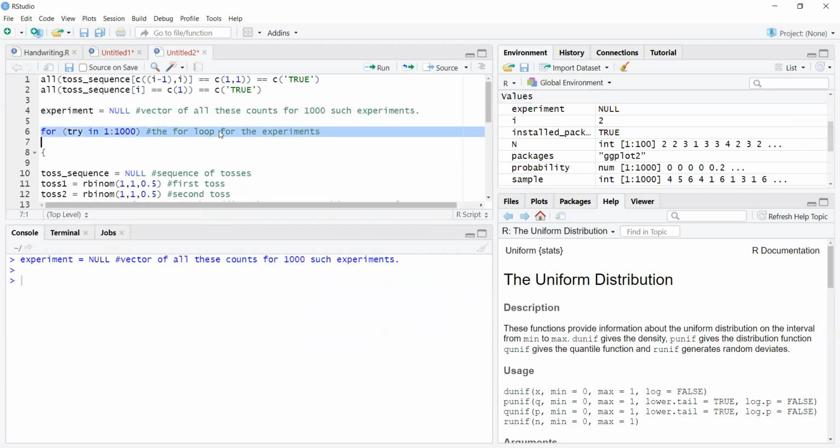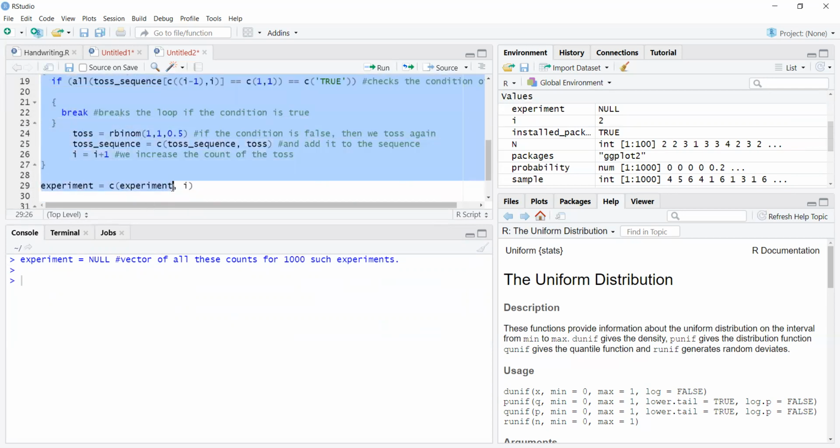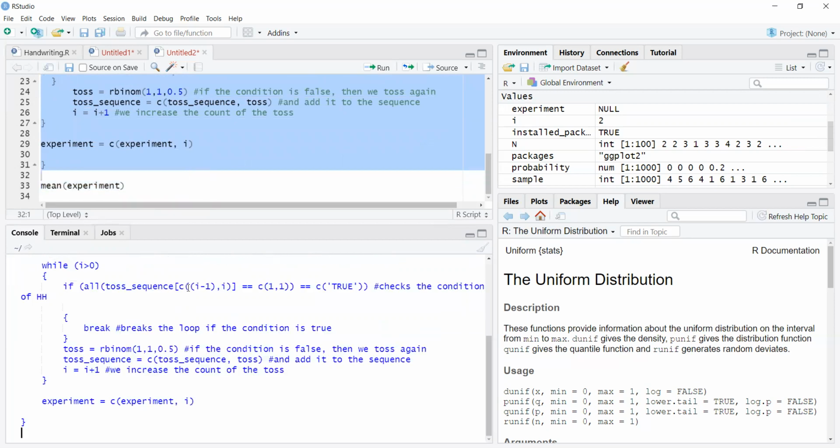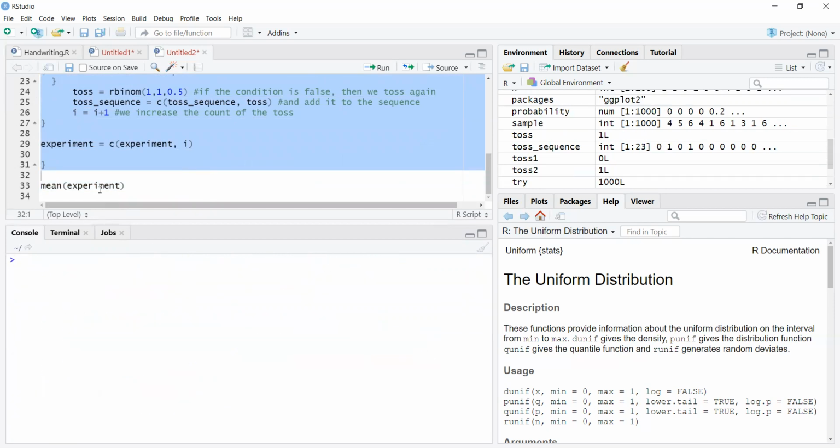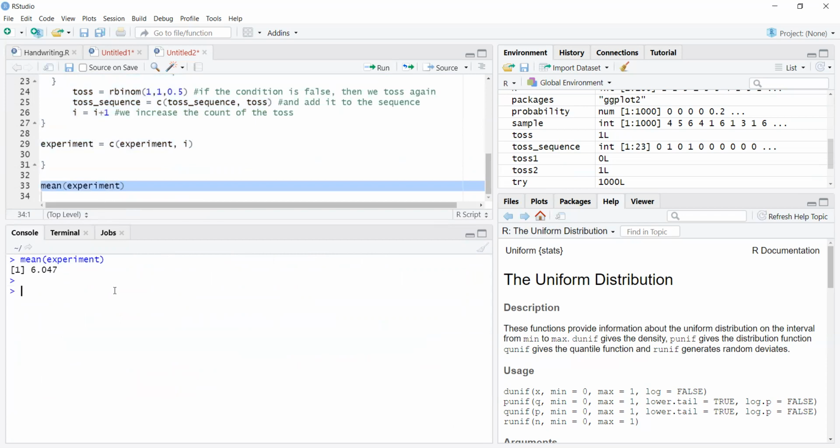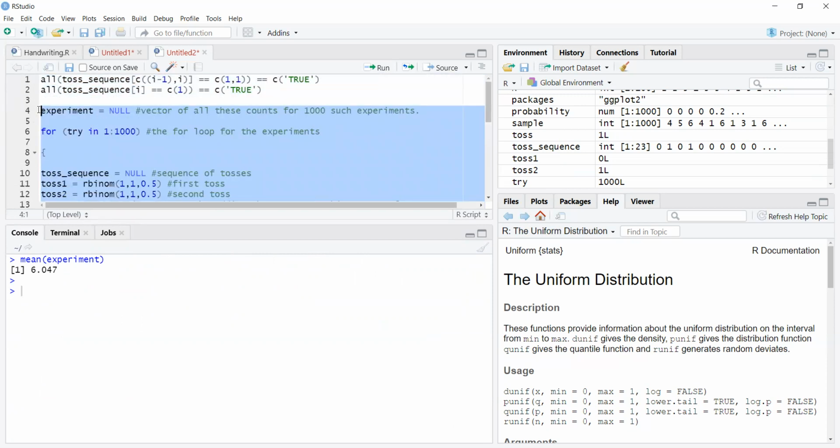Let's do that. For loop. We have done all the experiments over here. Let's see the mean. It's coming to 6.047, which is around 6. Perfect. Lovely. Let's do this again. 5.996.